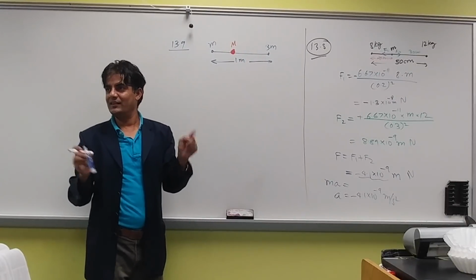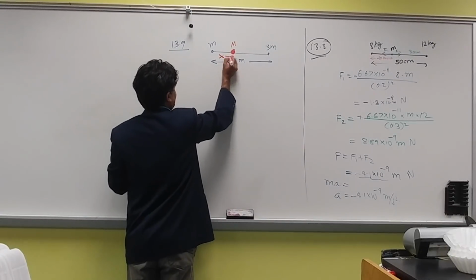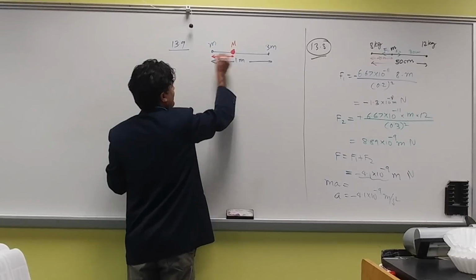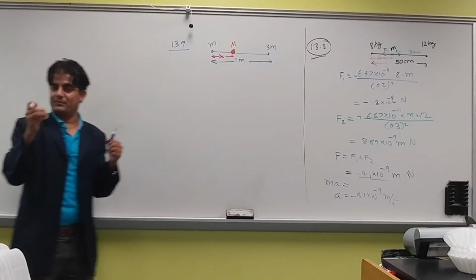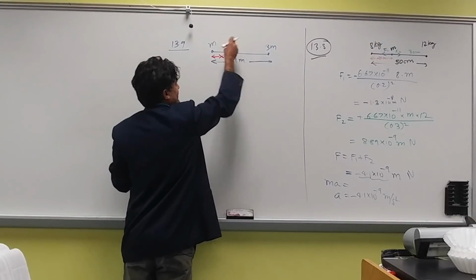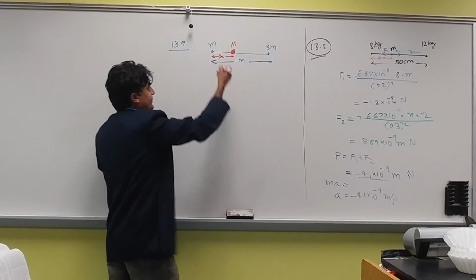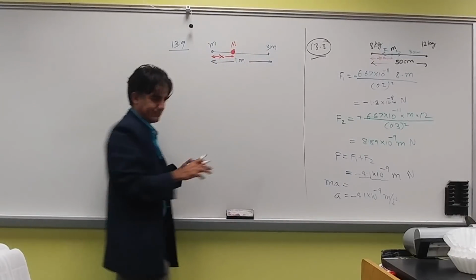Did you understand the question? So find this x. In other words, how far that capital M needs to be placed such that the net force will be 0. The force this guy pulls on that side will be the same as the force that guy pulls on that side.